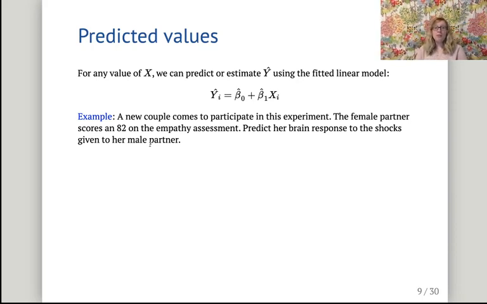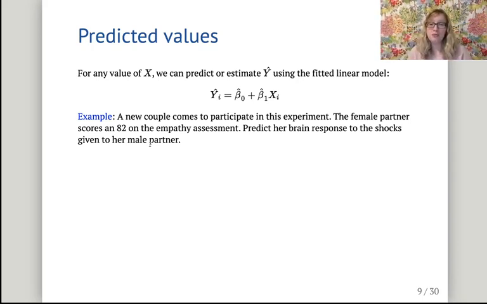So we can predict or estimate y hat for any value of x using the model that we've just calculated. So we can plug x's directly into this formula to predict the response variable y. So let's pretend that we'll have a new couple who's going to come participate in this experiment. The female partner takes the empathy assessment. She scores an 82 on it.